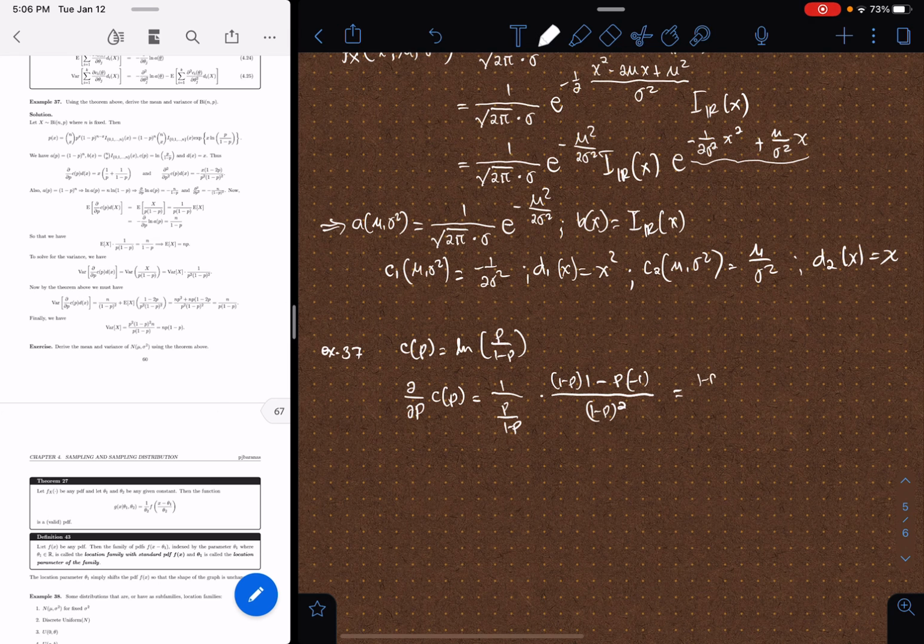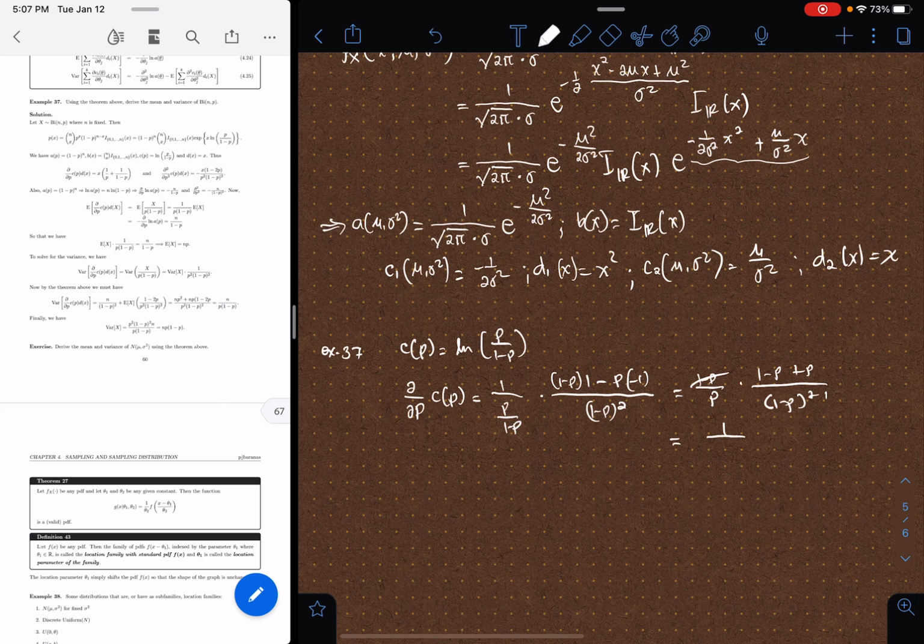Simplify that. We have 1 minus P times 1 minus P plus P over 1 minus P squared. So cancel itong isa dito, maging 1 na lang yan. 1 minus P plus P is 1.